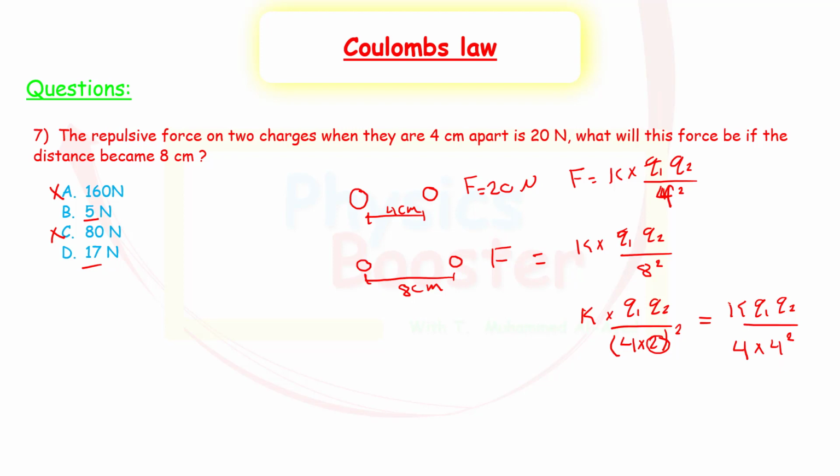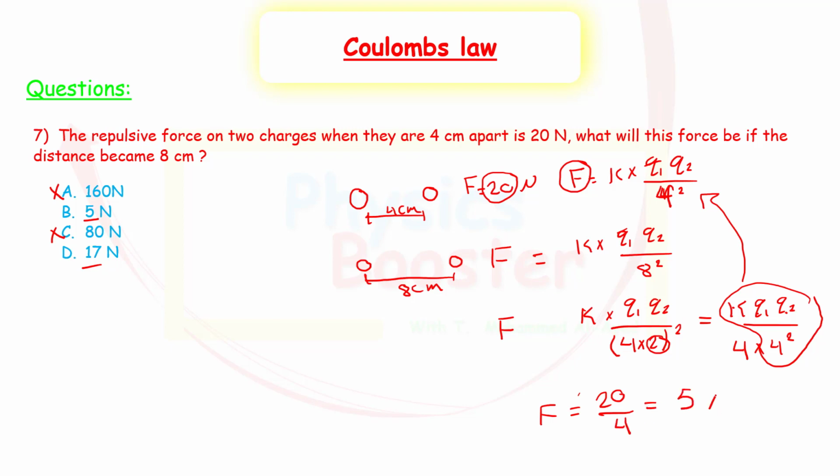Now look at this, K multiplied by Q1 multiplied by Q2 divided by 4 squared. This part right here, isn't it the same as this part right here? Yes, it's exactly the same. And we know that this part is equal to 20 newtons. So the new force will be equal to 20 divided by 4, which is equal to 5 newtons.